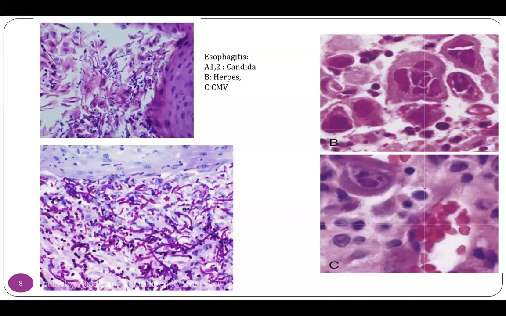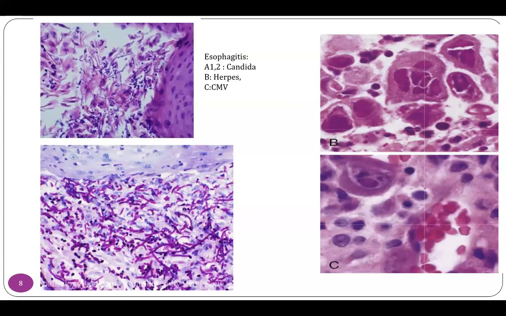So inclusions in the cytoplasm and nuclei we see most of the time in the stromal cells and the endothelial cells. So the site of cytomegalovirus is most of the time endothelial cells and stromal cells, not the epithelial cells. The one commonly seen in the epithelial cells is the herpes.